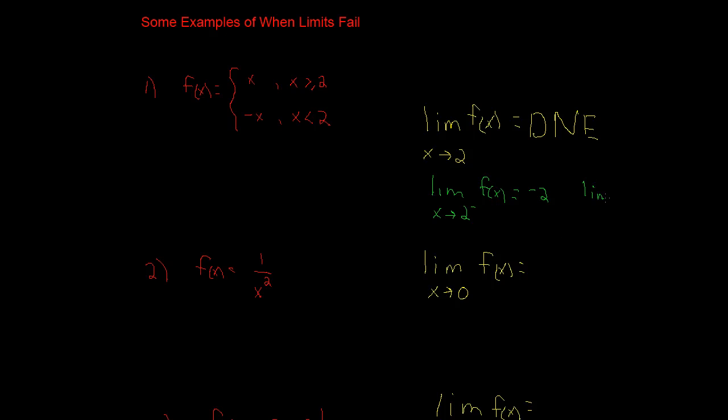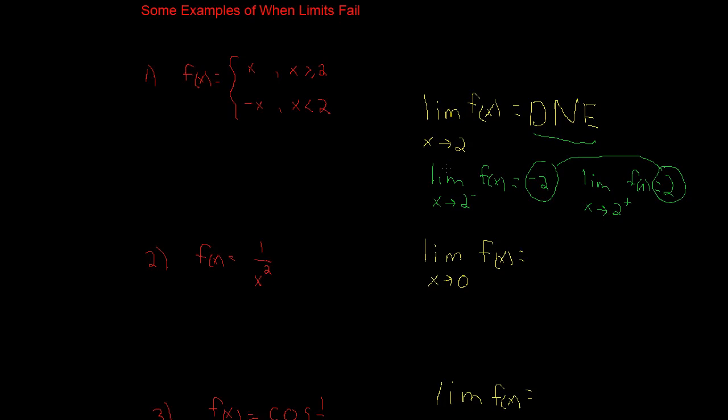And then for the right-handed limit, we would say the limit as x approaches 2 from the right of f of x is positive 2. But again, even though the one-sided limits exist, they don't agree with one another. Therefore the limit as x approaches 2 in general doesn't exist.